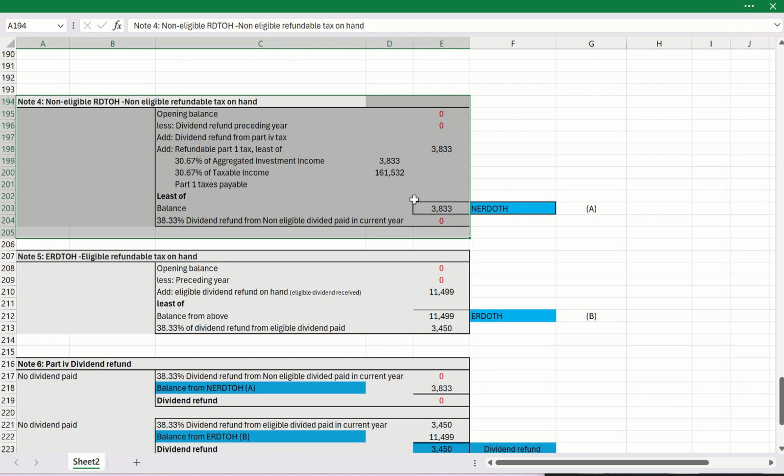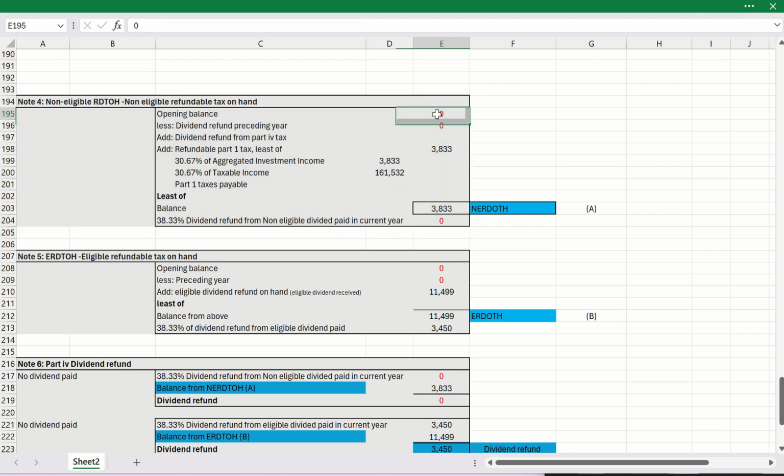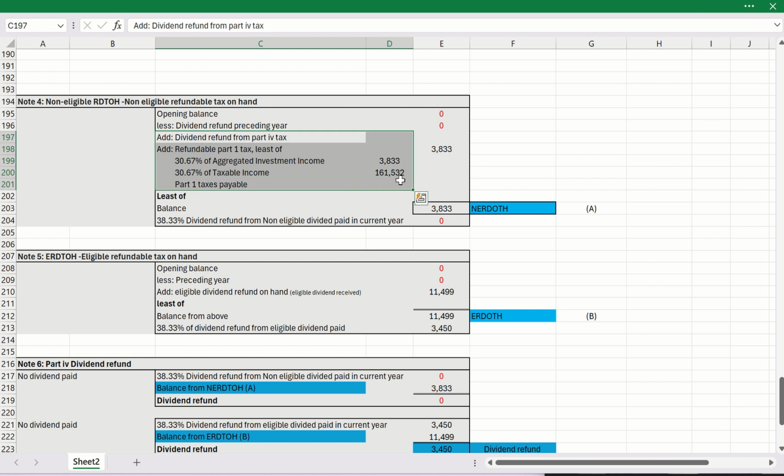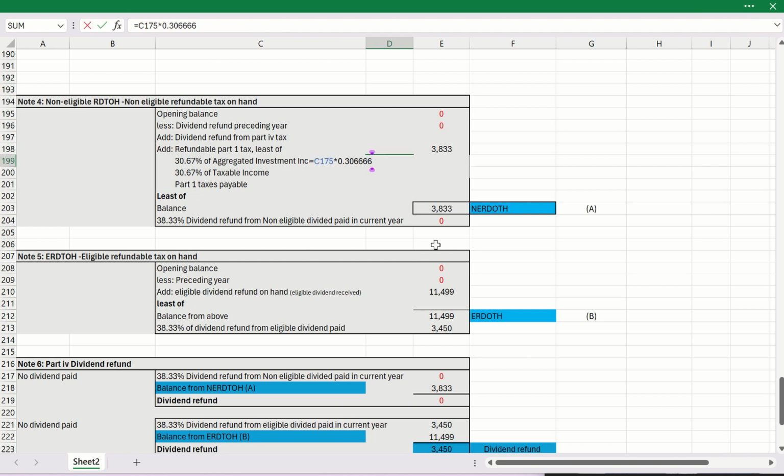So in NERDTOH, the way we calculate is that we have opening balance 0, and then the dividend refund from the preceding year is 0, and then we add this, the addition, which is, remember, we had the aggregated investment income from the current year, okay? We had this.